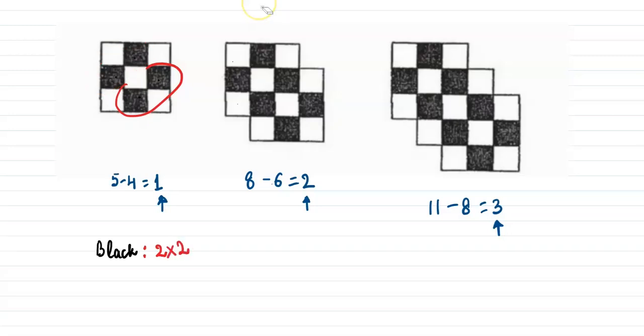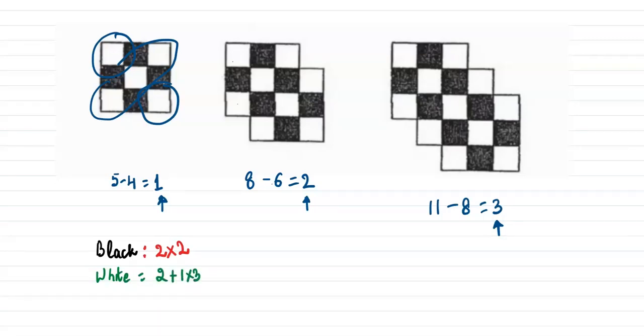Now let's look at the white ones. So white are 1, 1 plus 1 and 1 group of 3. So we can say that white squares are equal to 2 plus 1 group of 3.